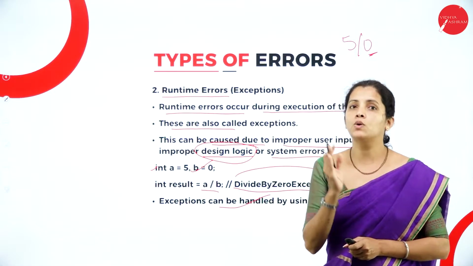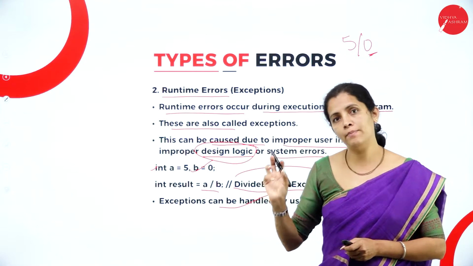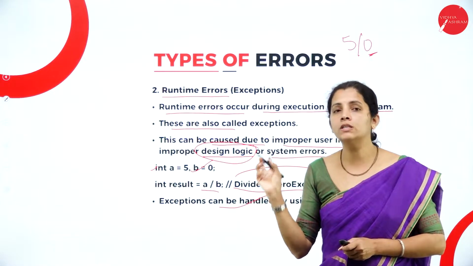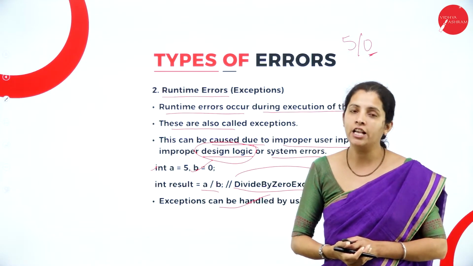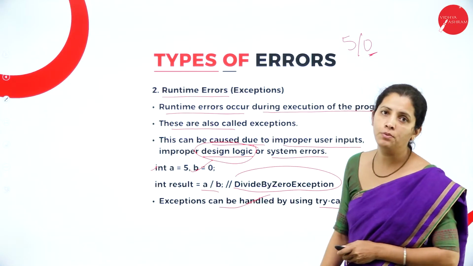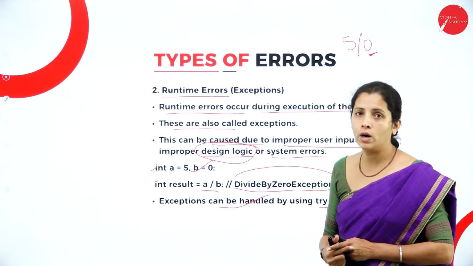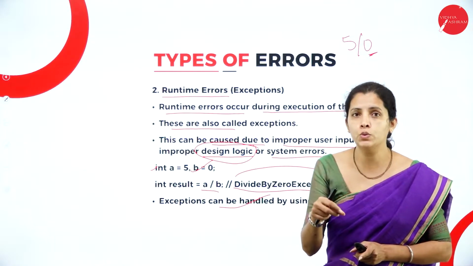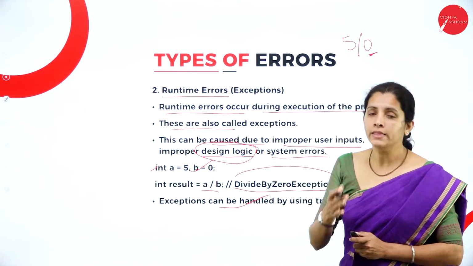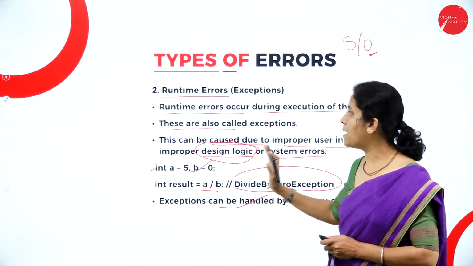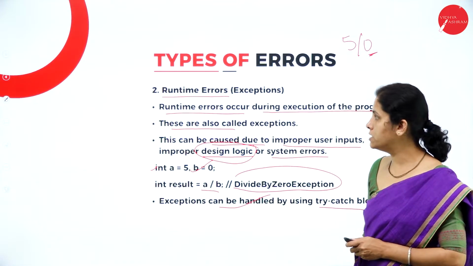Whatever code I want to execute should be written inside the try block, and if that code generates any error, that can be caught by the catch block. Anyway, we will study what the try block and catch block are, and how we are going to use them, in today's session itself. Now you just concentrate on what runtime error or runtime exception is.